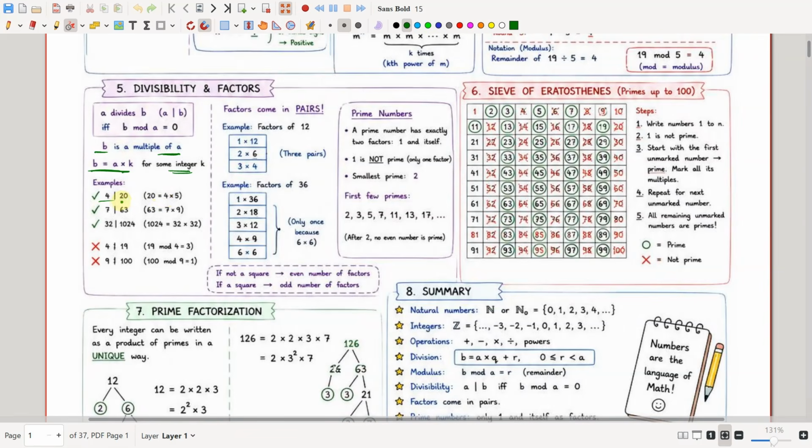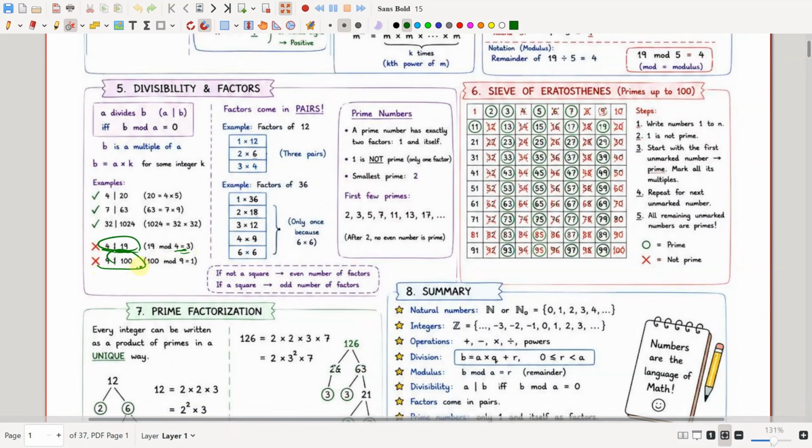So 4 divides 20, which is 20 is equal to 4 into 5. 7 divides 63, which will be 63 is equal to 7 into 9. 32 divides 1024, 1024 is equal to 32 into 32. Okay. But see here, 4 divides 19 is not true because the modulus is not equal to 0.